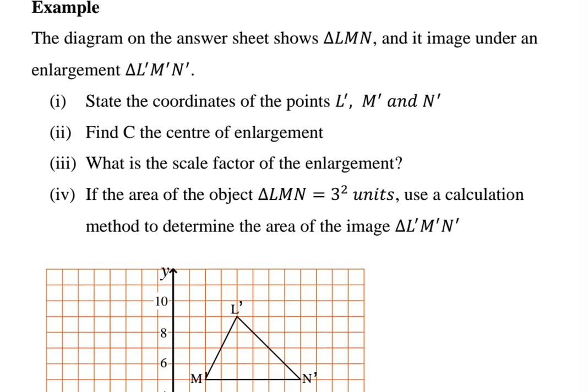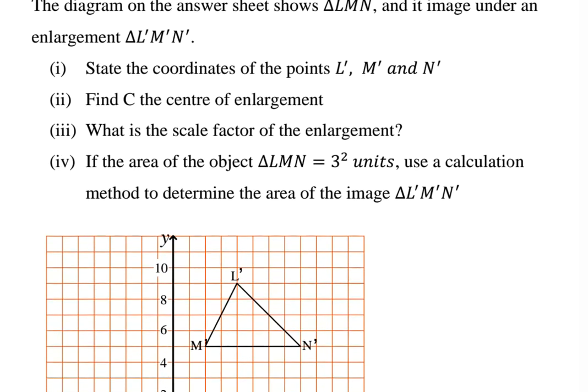All right, in this example, it says the diagram on the answer sheet shows triangle LMN and its image under an enlargement, triangle L prime, M prime, N prime. State the coordinates of L, L prime, M prime, and N prime. So I guess we can start.